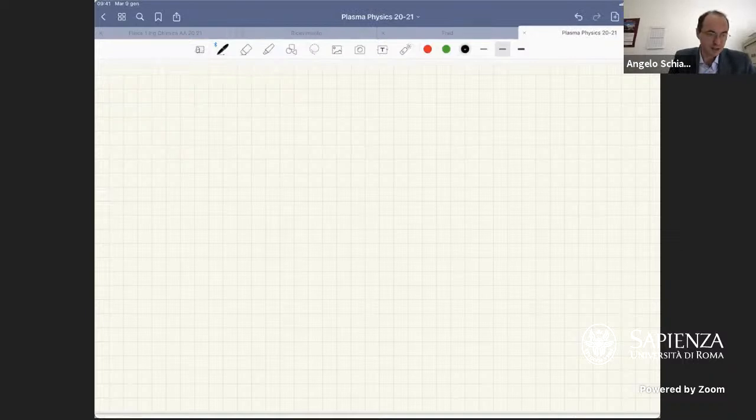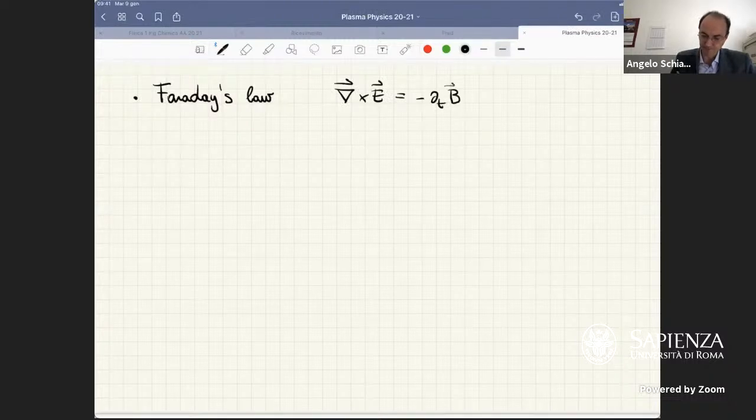We need Faraday's law, which is the source term for the electric field: curl of E equals minus the time derivative of the B field.